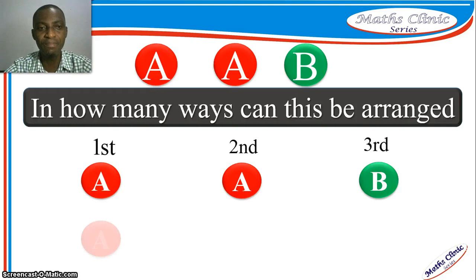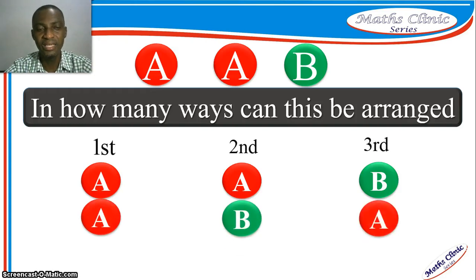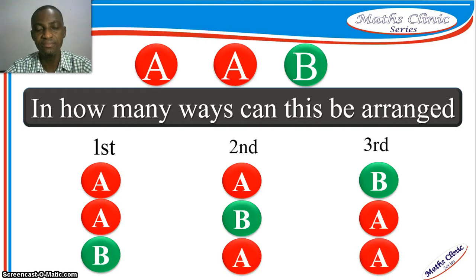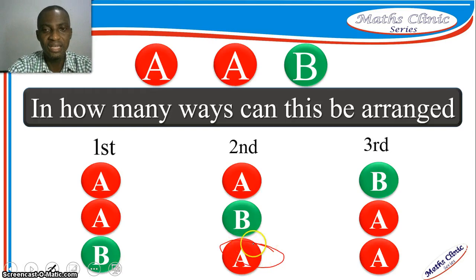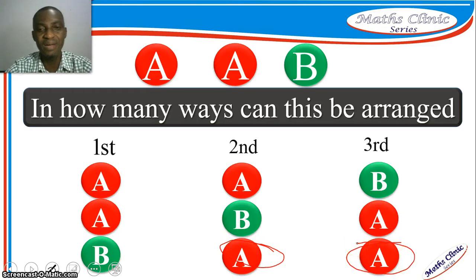We could also do it by still keeping one A here, B and A. This is also a second arrangement, different from the first one. We could also do B first, A and A. What other way can we do this? If we keep B first again and interchange the position of this and that, it will be the same arrangement, so there wouldn't be anything different.